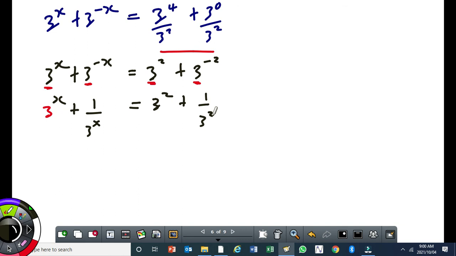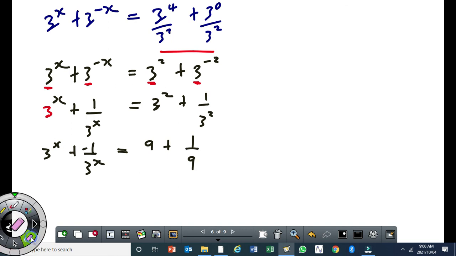But before I do that, let me simplify the left hand side. So here I can rewrite it as 9 plus 1 over 9. It's not in the negative one, so this is positive. It's the 10. Right? Okay.